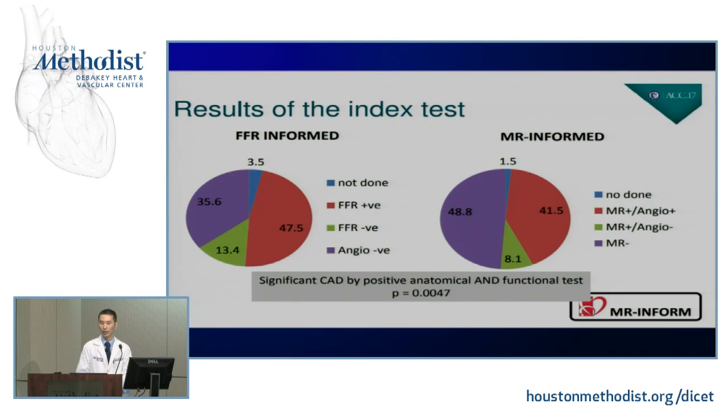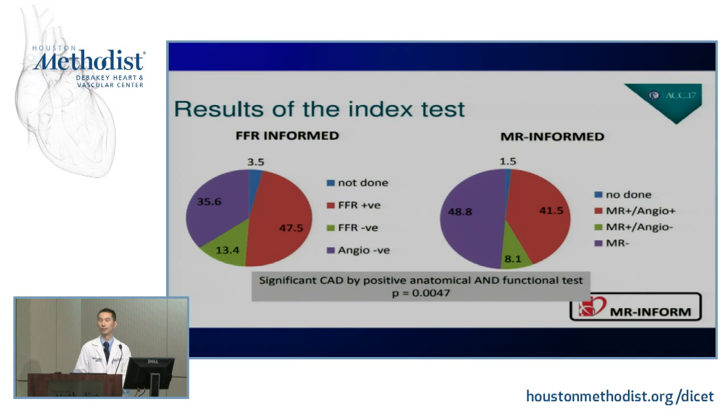Okay. This was presented back at ACC 2017, and this was answering yet a different question, because one of the big questions that comes up is whether an intermediate lesion actually has any kind of hemodynamic consequence. And currently, our gold standard is doing invasive fractional flow reserve, FFR, in the cath lab.